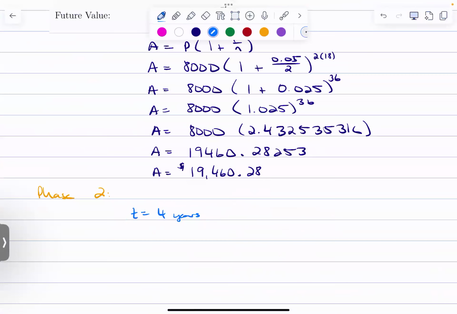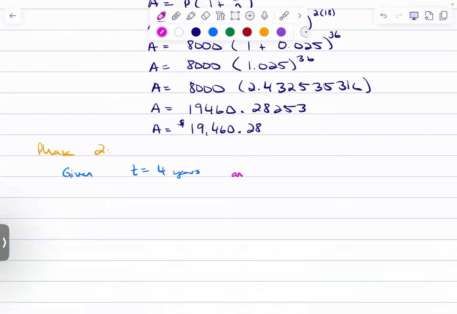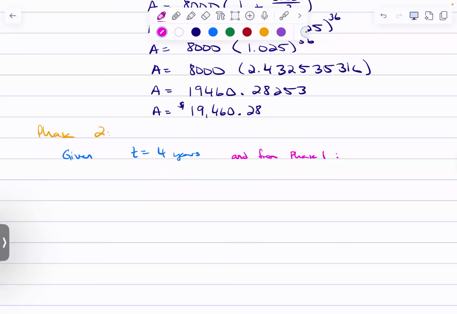We're given that T is 4 years for phase 2. And from phase 1, P must be 19,460.28.